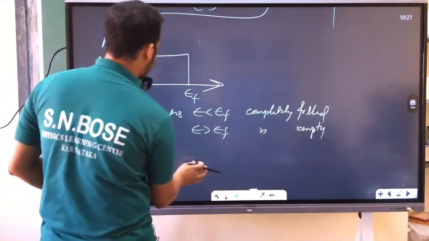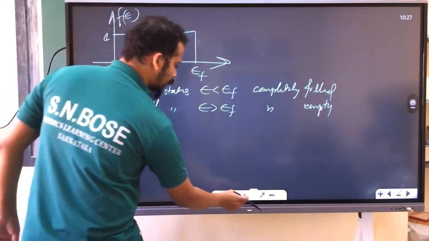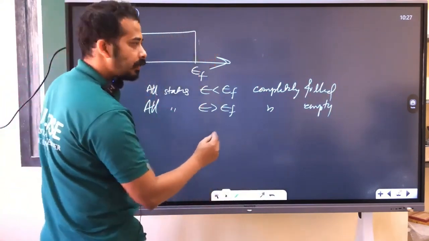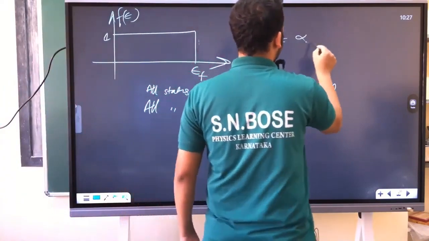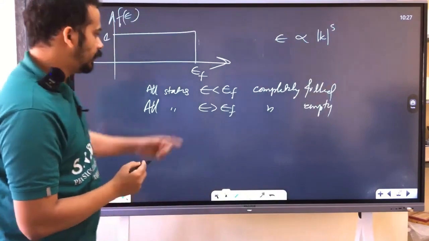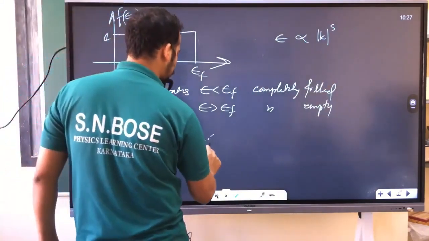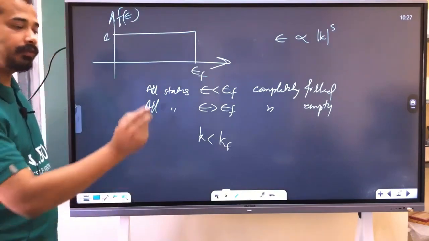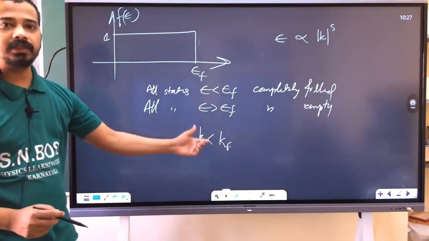So then look at here. The same thing, if you write this expression in terms of k, E is usually in terms of modulus of k power some s, am I right? So E less than EF means k less than kf. That means if you go to k space, k less than kf means what?